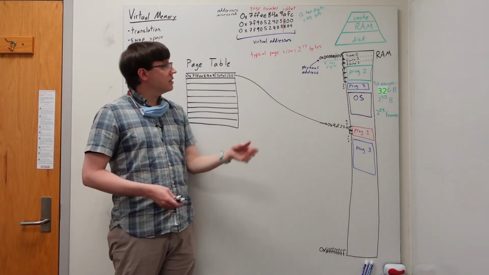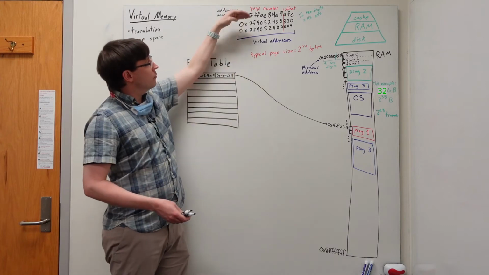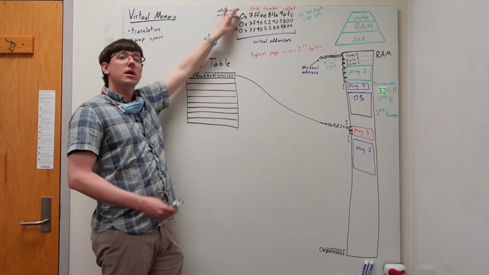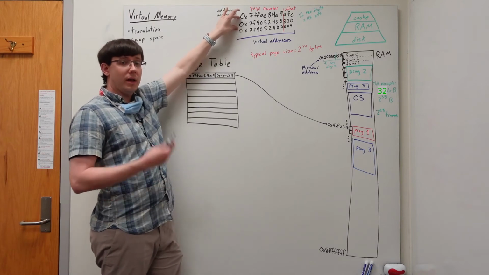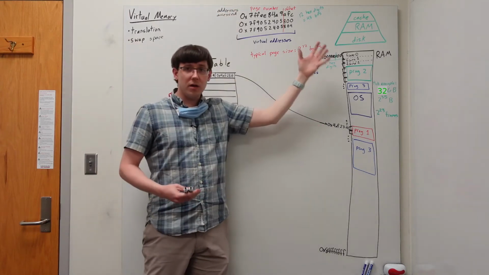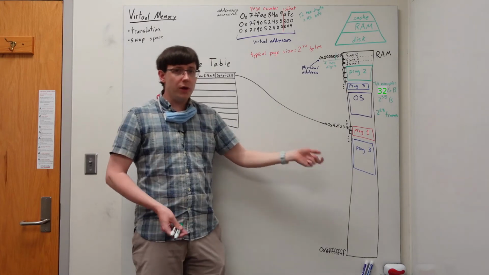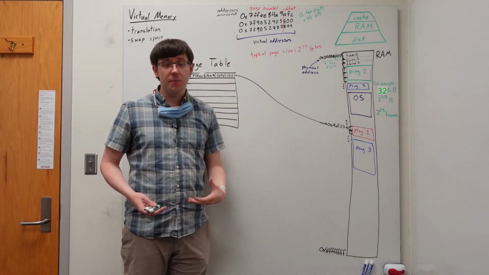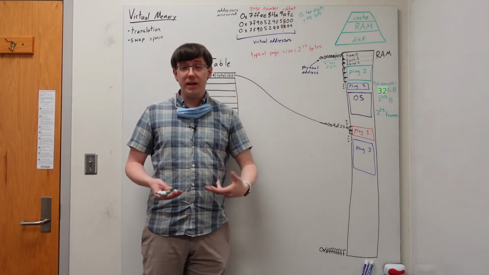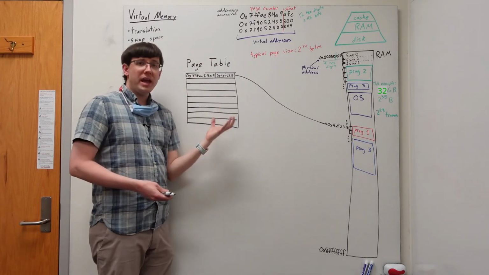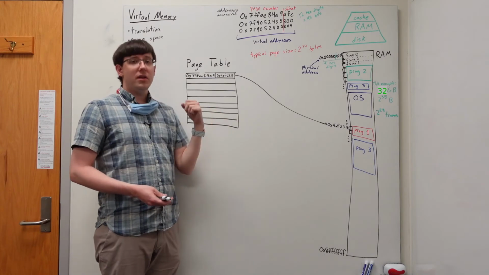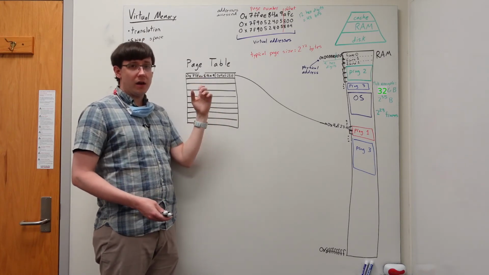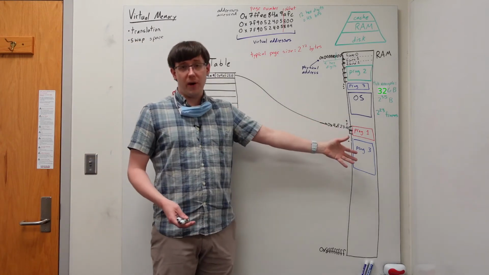So as a process accesses virtual addresses that are on different pages, the operating system will allocate frames of the RAM to hold those pages of the process's virtual address space. And the operating system will then need to store in the page table for that process the mapping of which page is in which frame of the RAM.